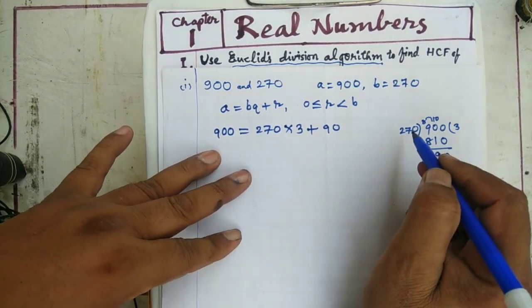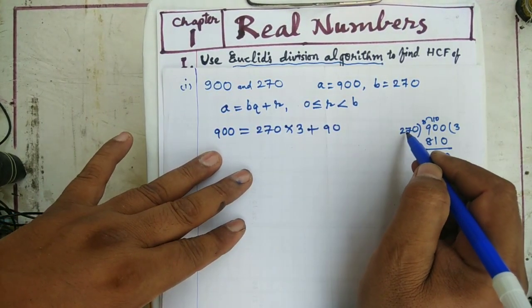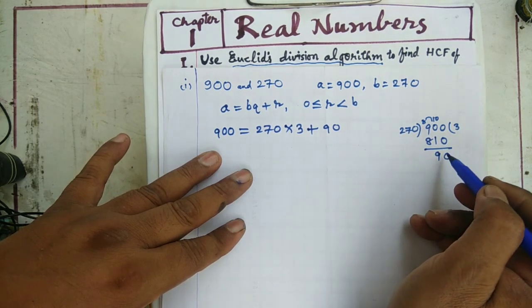We know dividend is equal to divisor into quotient plus remainder.